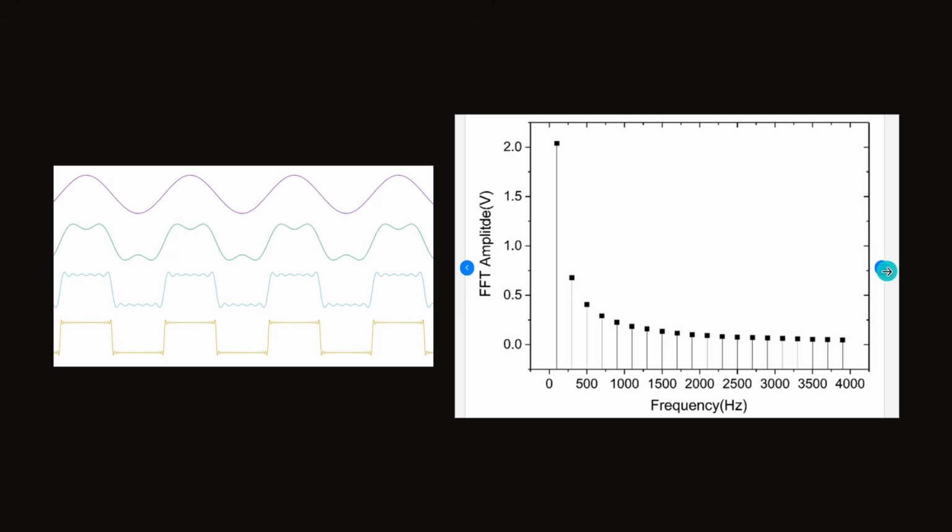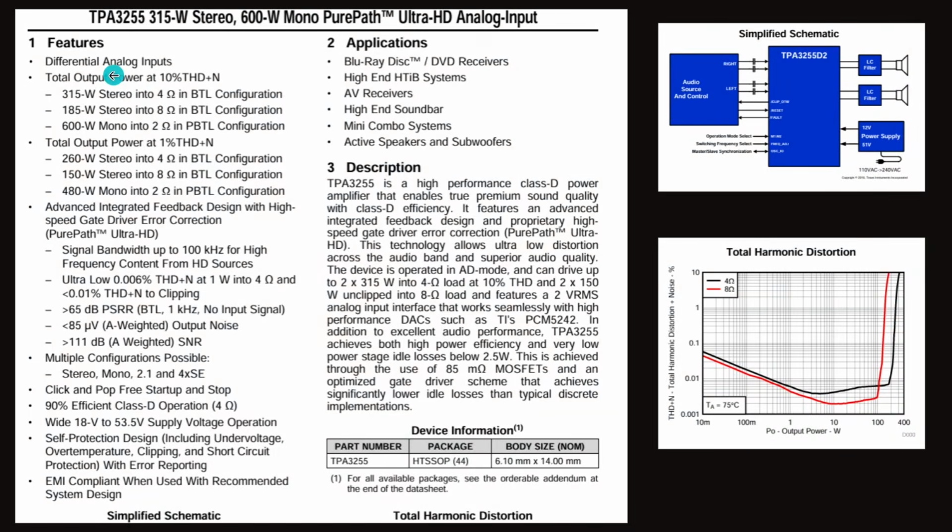So this is not exactly an area where we want to be, but there is one scenario when we can use it: in a multi-amplification system or in active systems, when each driver is driven by a separate amplifier. We can use that power, and that power we need for a woofer.